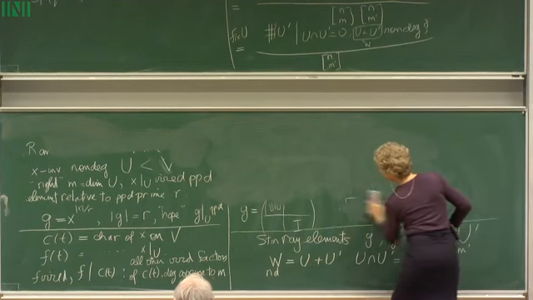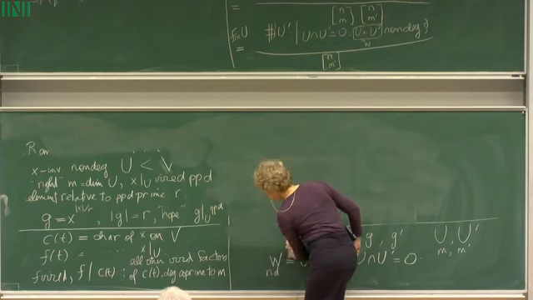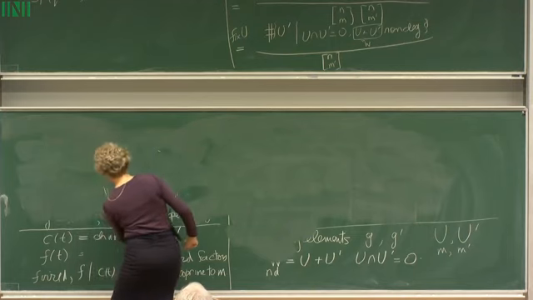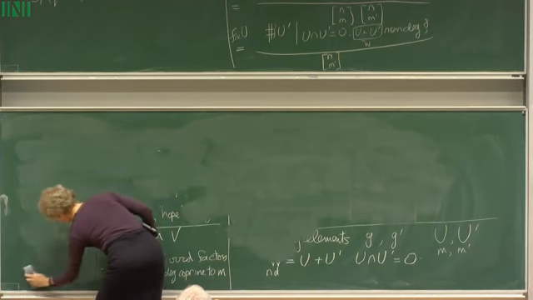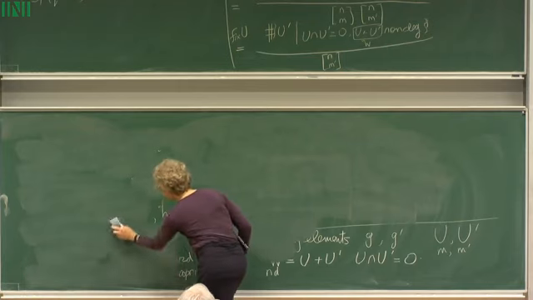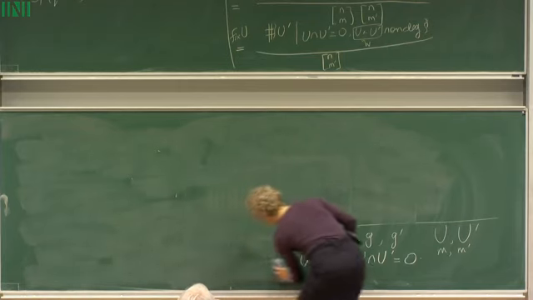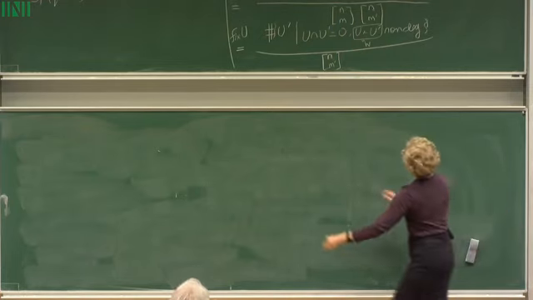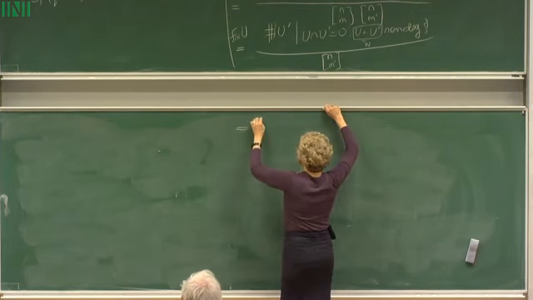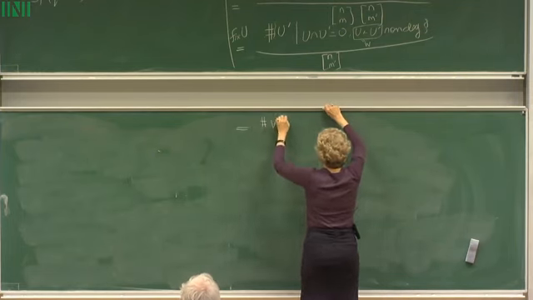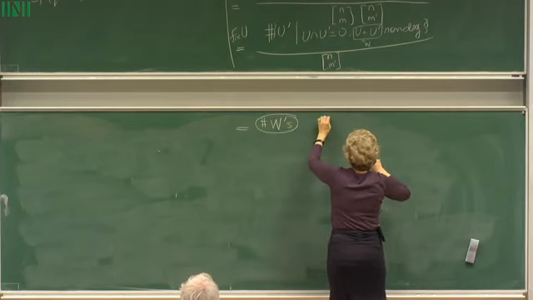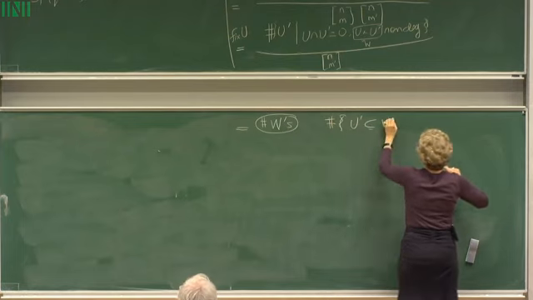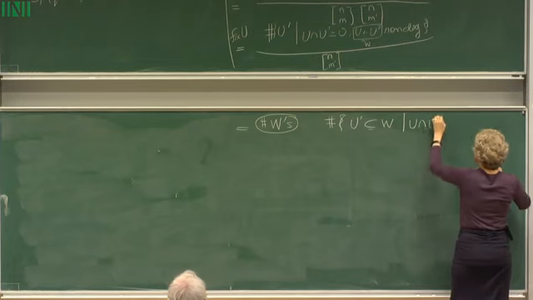So I'm thinking that I should be able to write that expression as, I'll come back to this thing, the number of W's times the number of U primes contained in a good W with all of the same conditions.